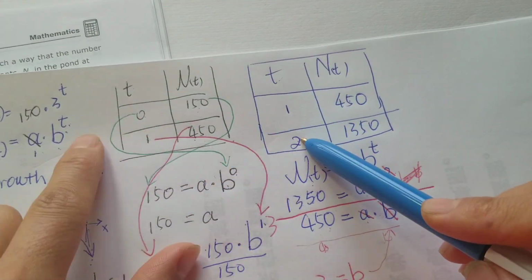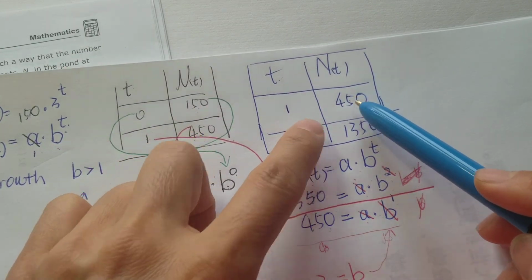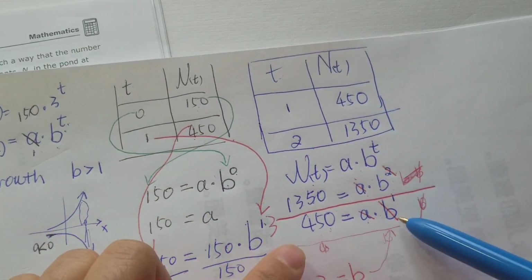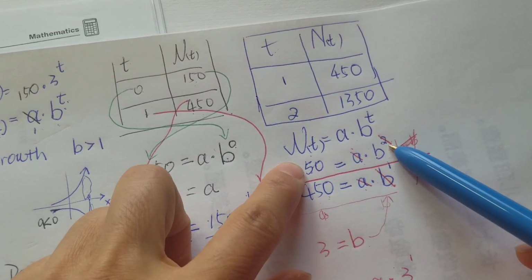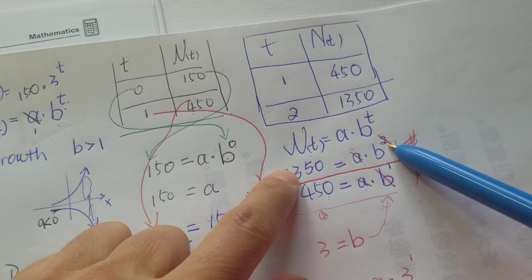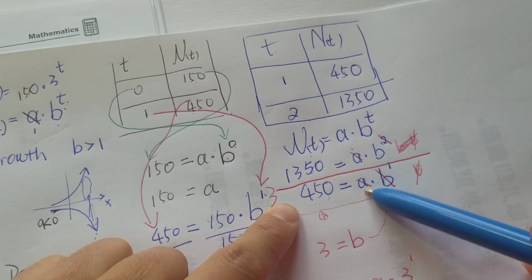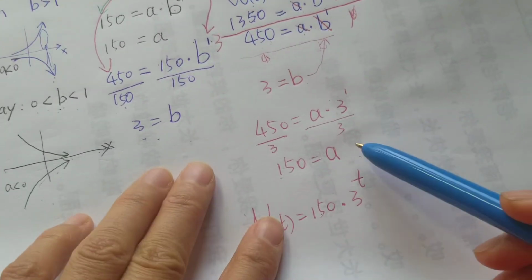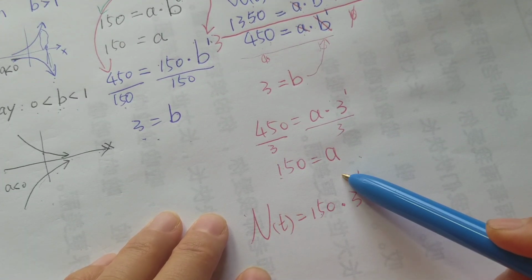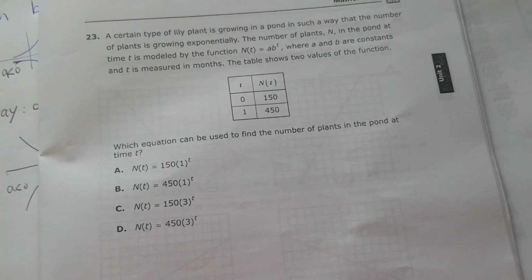If you're given a table that's not that nice, where you do not have a 0 choice, you can substitute both of them back into the function and then divide the one with the higher exponent by the one with the lower exponent. Then you cancel a, and you're going to find out b equals 3. Then substitute it back, you're going to find your a. This is all for question number 23.